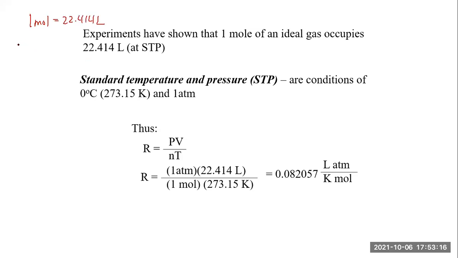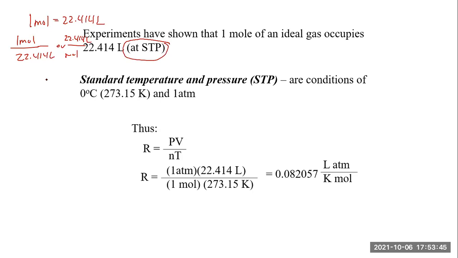You can use it as 1 mole over 22.414 liters, or 22.414 liters over a mole. And you could use this in place, in some cases, of putting things into the ideal gas law. The important part, though, is you can only use this relationship at what is known as STP.